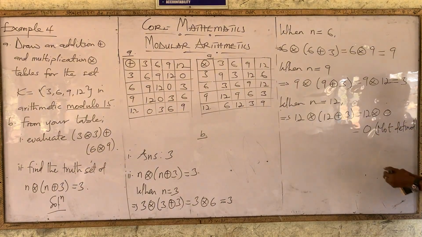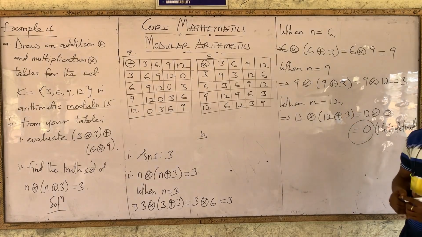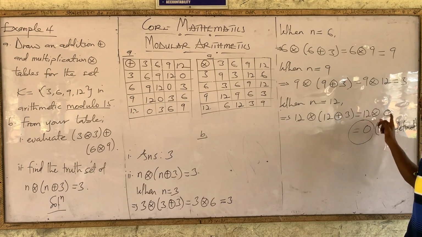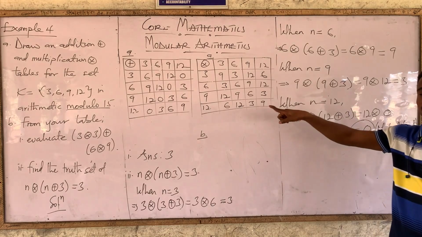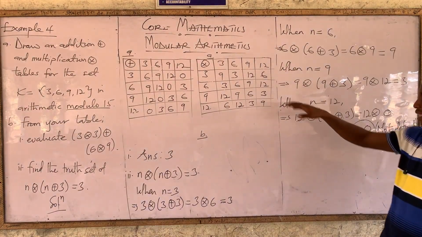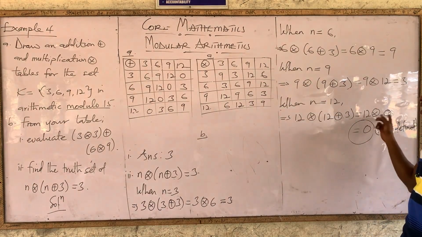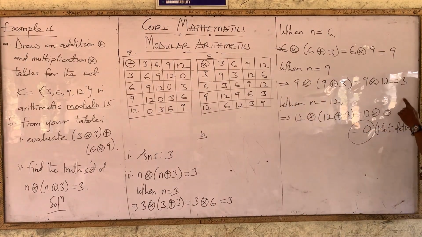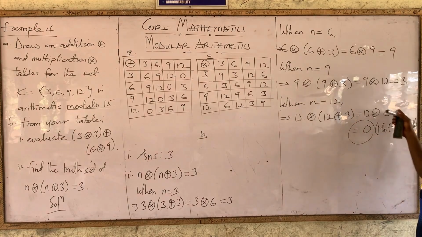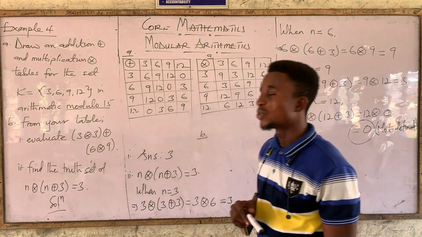You are not even supposed to put this 0. Why? Because from your table, when we check the table for multiplication, we don't have 12 times 0 on the table. So straightforward, we put undefined here or not defined here. Are we okay? So that is that.